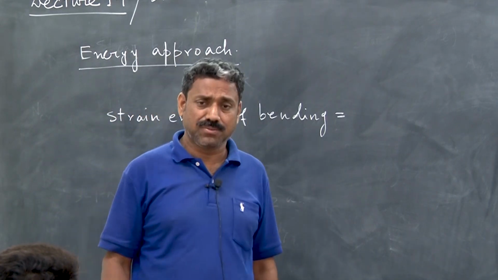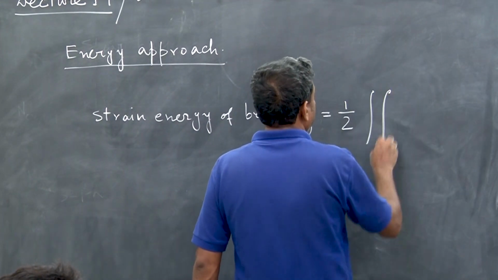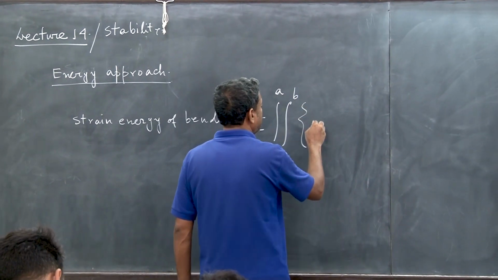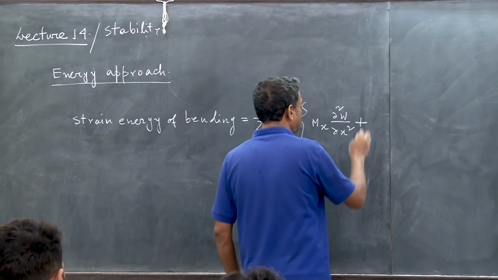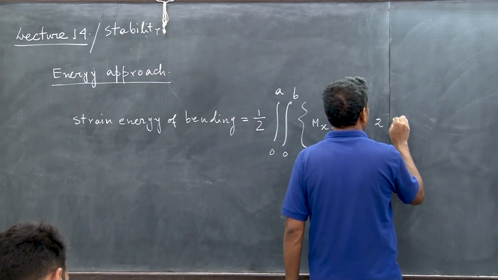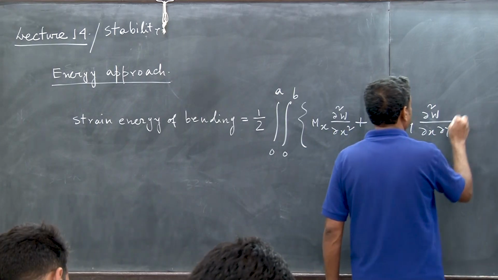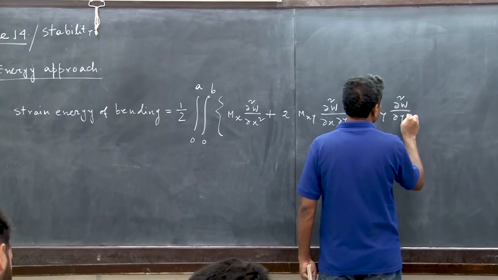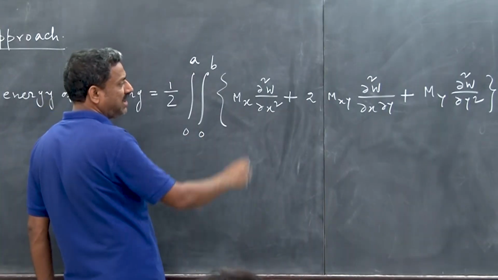So the respective curvature term we should multiply, and don't care about the sign. Moment multiplies the curvature.